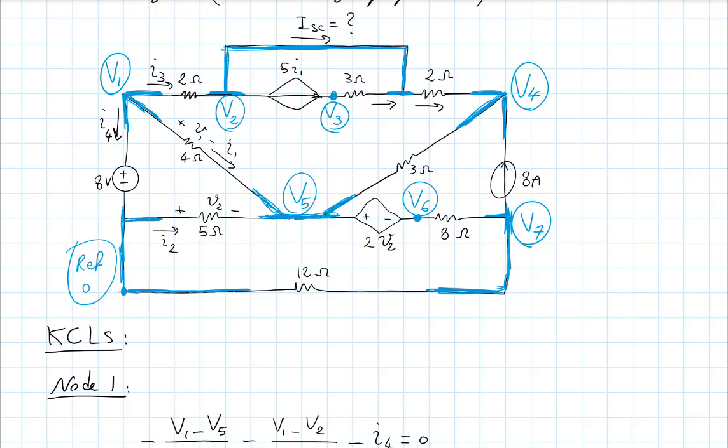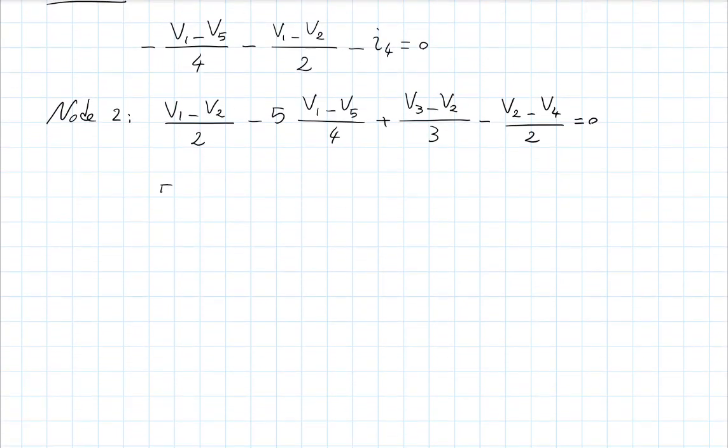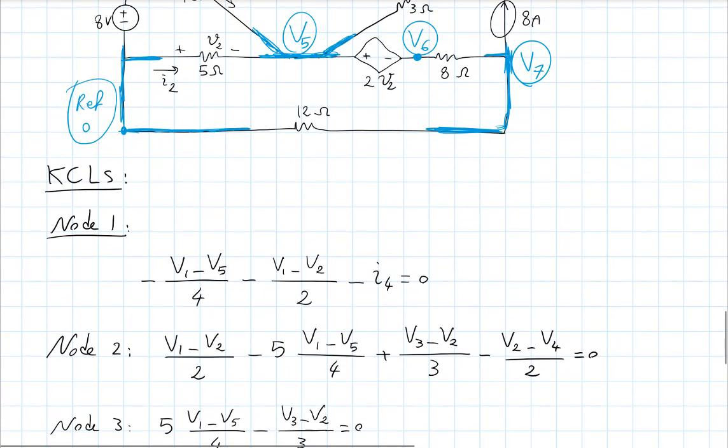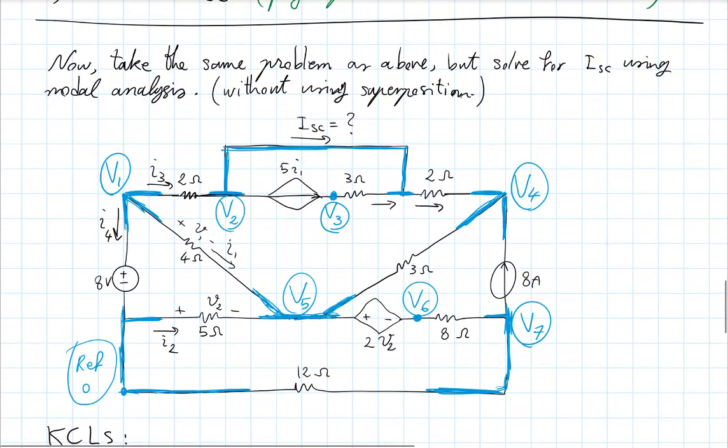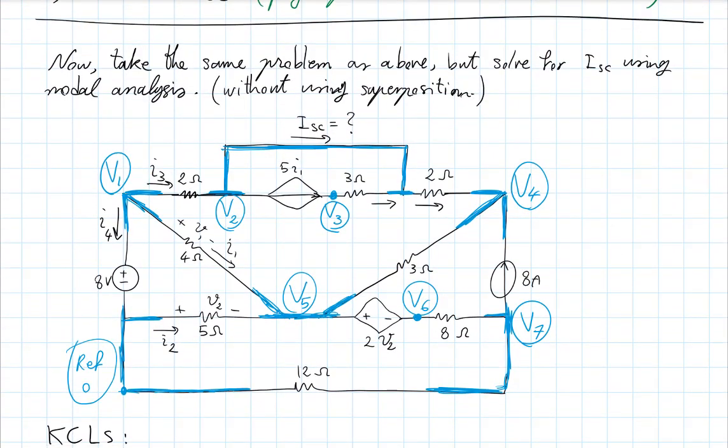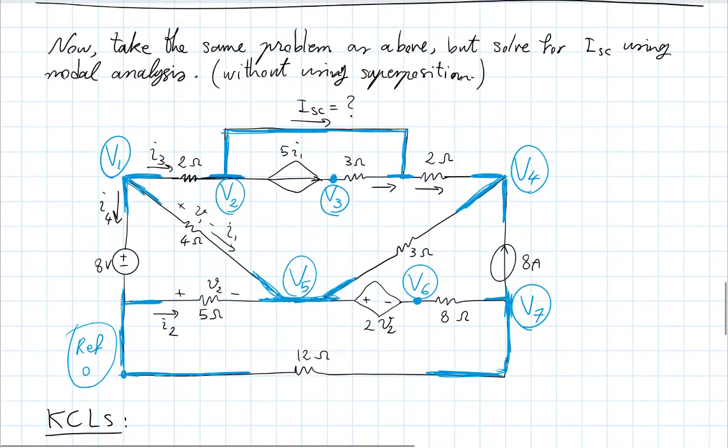If we go to node 3, then we have 5I1 going in, and I1 is V1 minus V5 divided by 4. 5 times that minus V3 minus V2 divided by 3. Node 4, I have the current from the 2 ohm resistor going in.